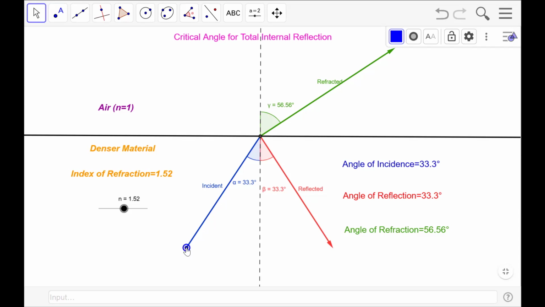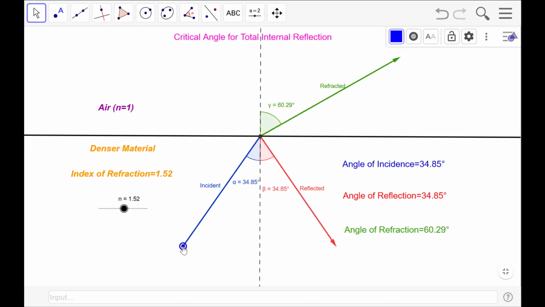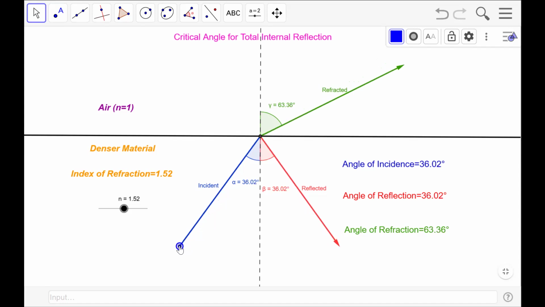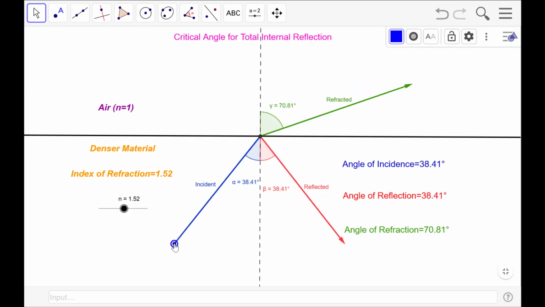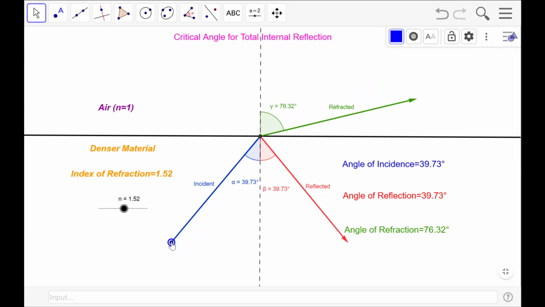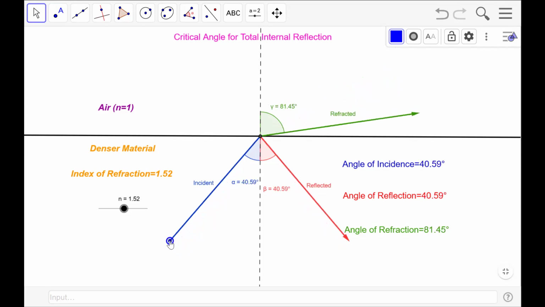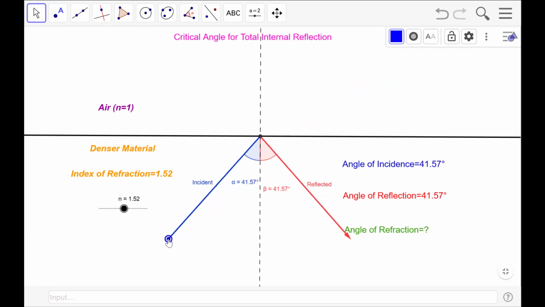Suppose the angle of incidence gradually increases. You can see that, or rapidly increases also. So 60, 68, 70. As the angle of incidence increases, the angle of refraction also increases.